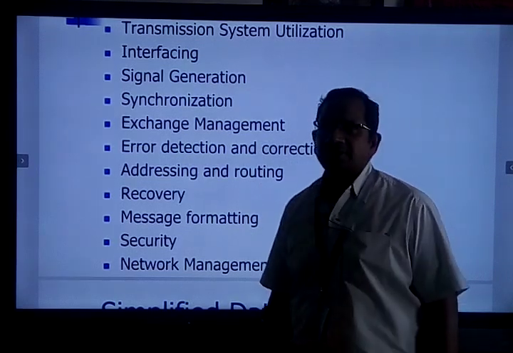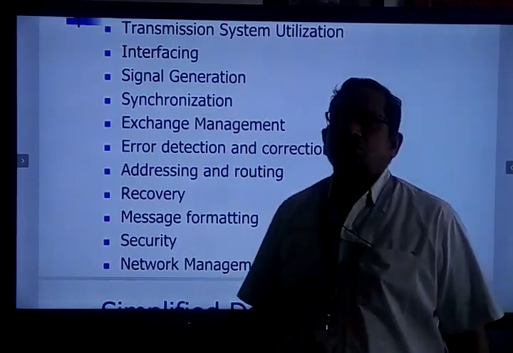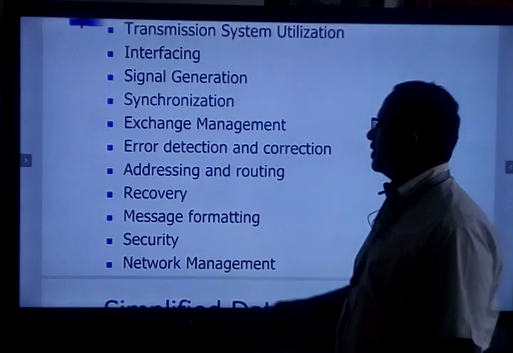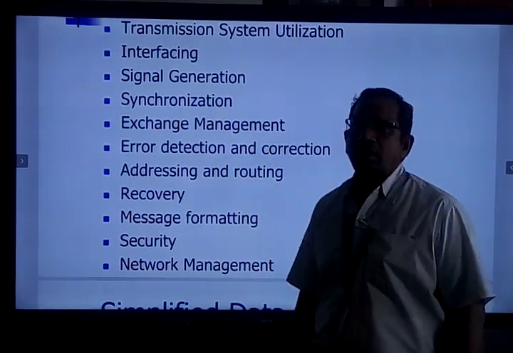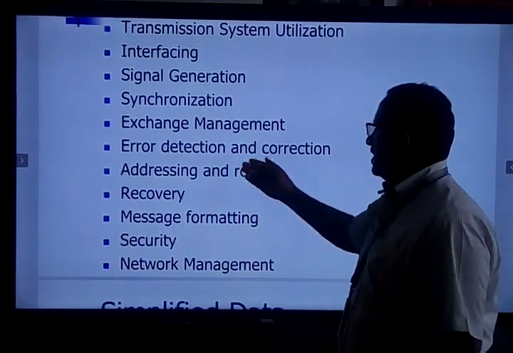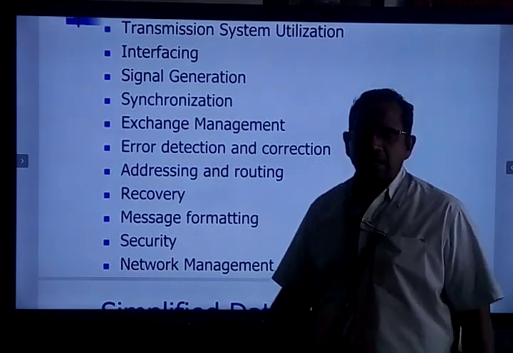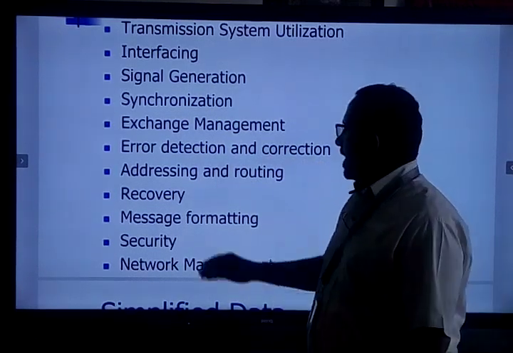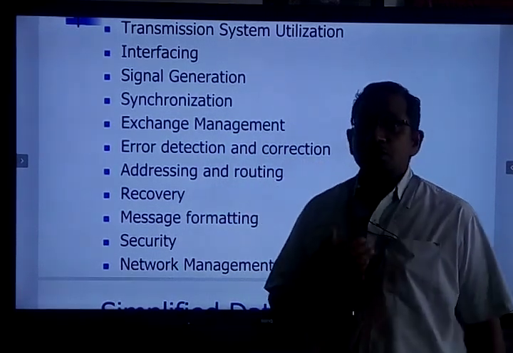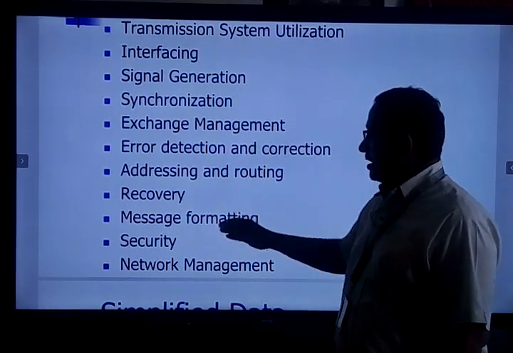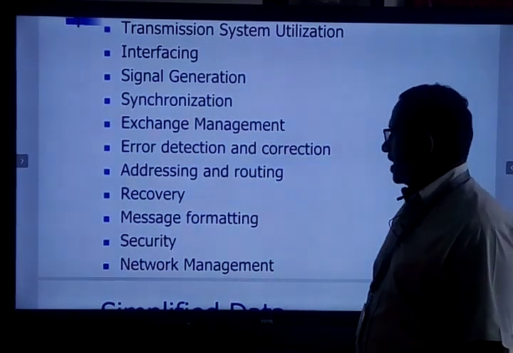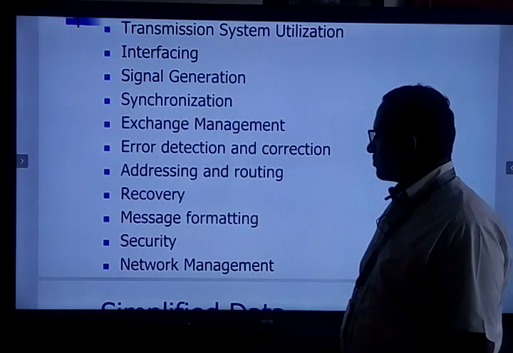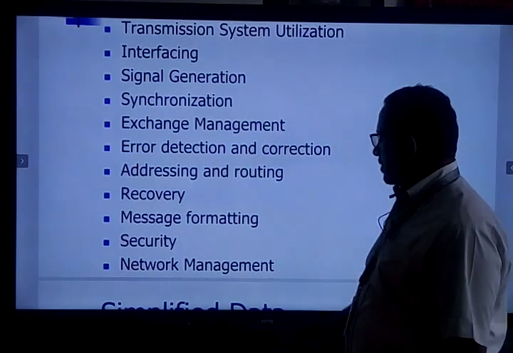The next one is exchange management, which comes under control signals. Control signals can be transmitted by using a separate protocol called ICMP. Then error detection and correction can be done at the data link layer. Addressing and routing is done at the network layer. Recovery can be done at the transport layer.